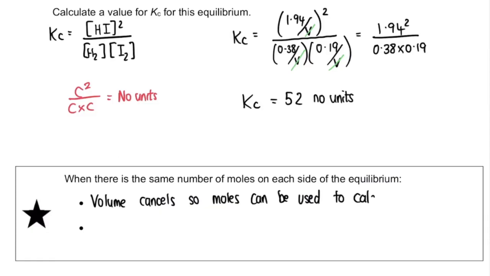Now this is only true when there are the same number of moles on each side of the expression. And also that our units cancel, so Kc has no units. So when there are the same number of terms on the left and the right, on the top and the bottom, units cancel and volumes cancel. So we can use that to help us answer some other questions.